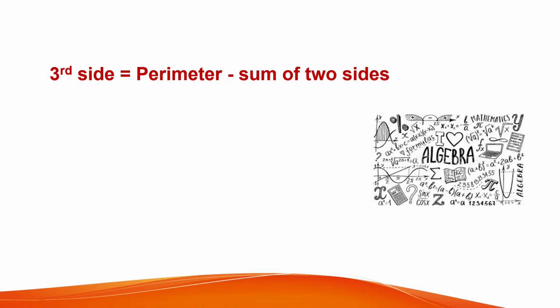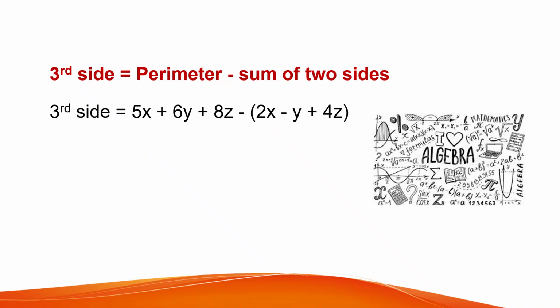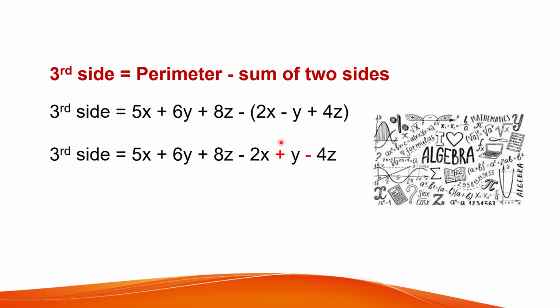So third side is, putting the value of perimeter, 5x plus 6y plus 8z and subtract the sum of two sides from it. Sum is 2x minus y plus 4z. As we are subtracting this expression, we will change the sign of this expression in the next step.